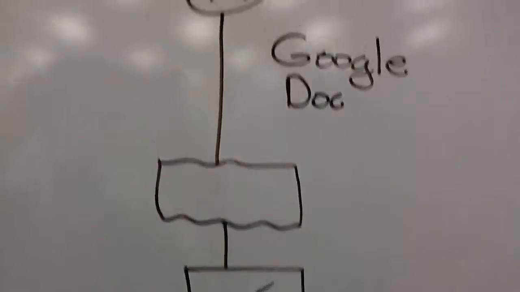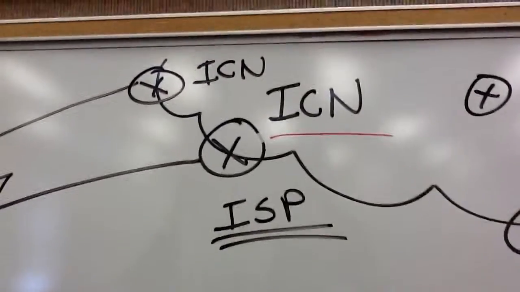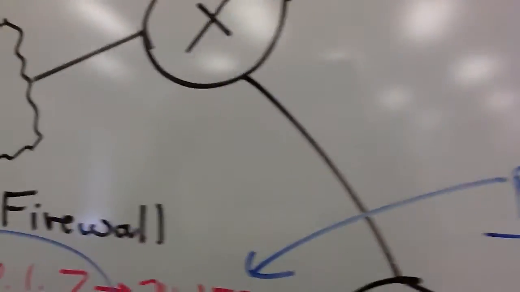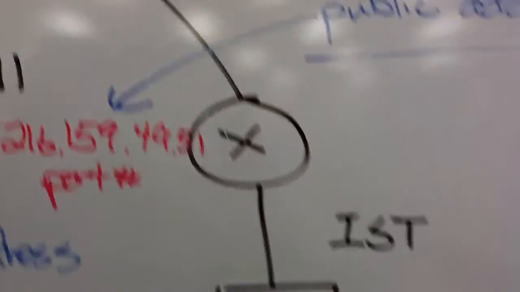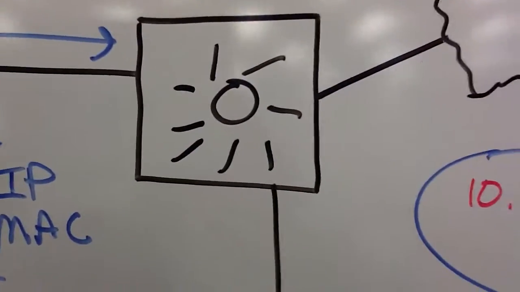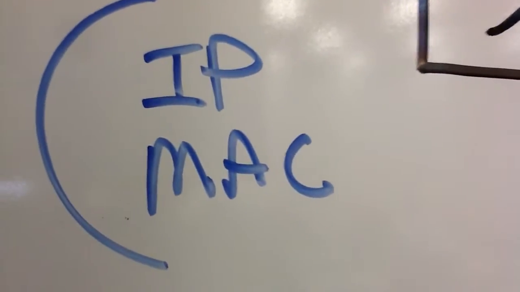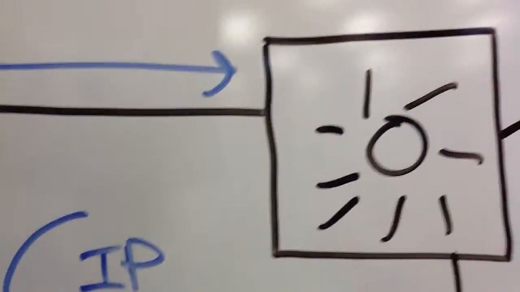And then the information comes back from Google. It has an ISP that sends it back to the ICN. The ICN sends it into the network. This router decides if it belongs over here or if it belongs in this part of the network. This router can route it to the switch, but before it sends it to the switch, it's going to put the MAC address back on there, kind of like the person's name.